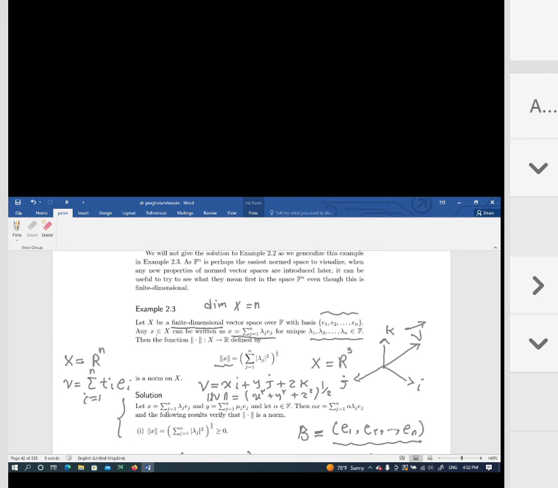Now we can write a vector V as xi plus yj plus zk, and the norm of V by this definition equals x squared plus y squared plus z squared, all to the power 1 over 2.